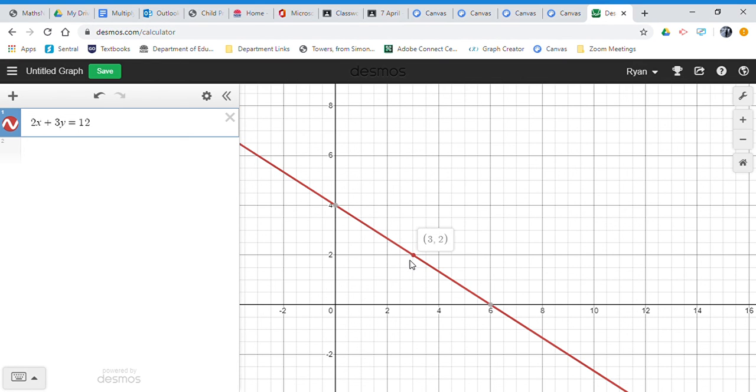When x equals 3, and every single point you see on this line, even the ones with decimals, is a valid solution.